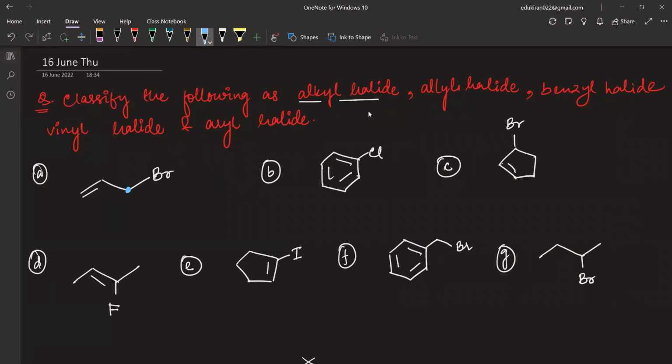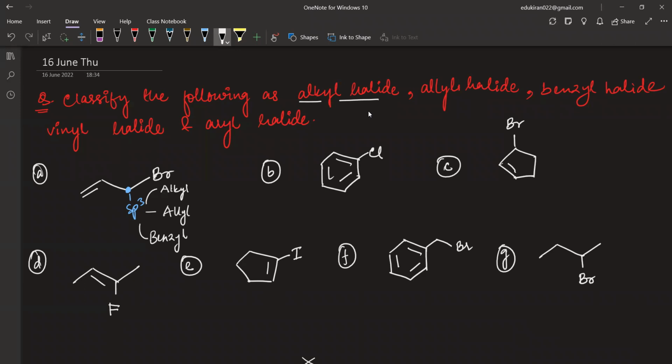sp3. Okay. So now, if it is sp3, there are only three chances. It can be either alkyl halide, or it will be allyl halide, or it will be benzyl halide. Correct? Yes or no, please tell me. Now you tell me which one is the right option.